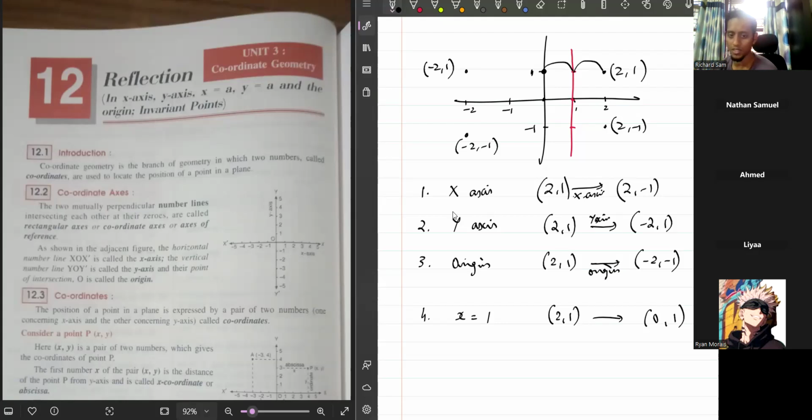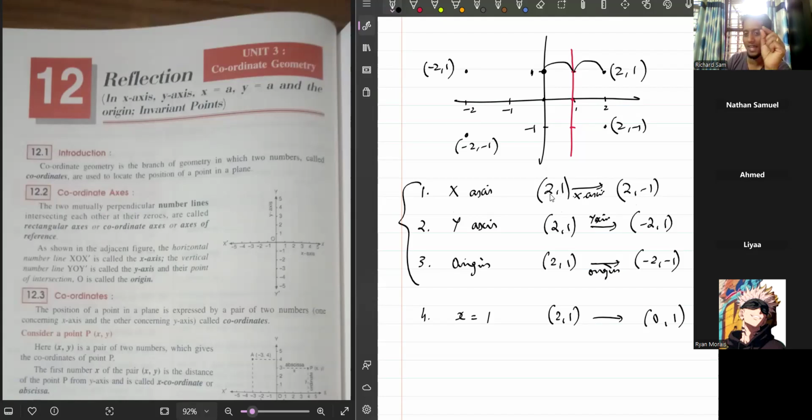For the first 3, you don't need a graph. You just have these rules. What's the rule, Aman? This 2 is called the x coordinate and the 1 is called the y coordinate.